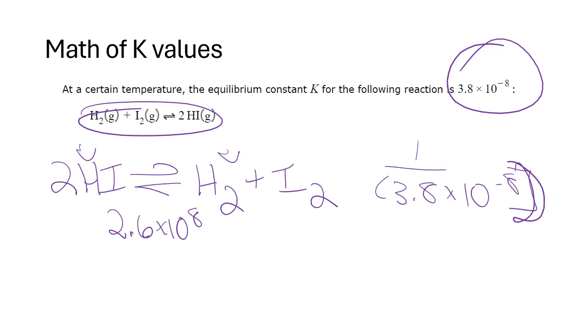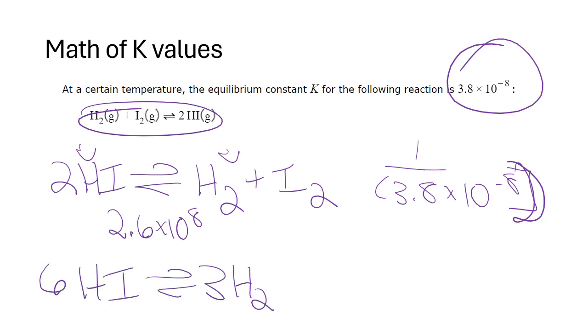And let's say if we reversed it and tripled everything. So let's say now it's 6HI plus 3H2 plus 3I2. They're always going to be tripled. So now we're going to do 1 over, no, that's already reversed, my bad.